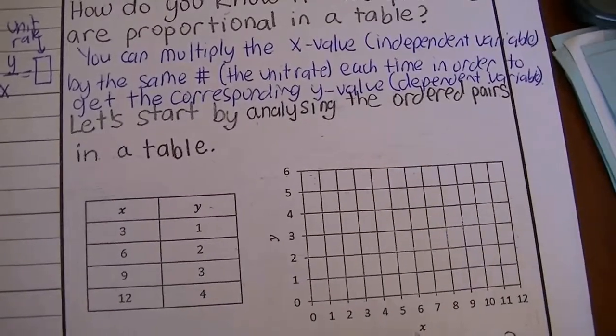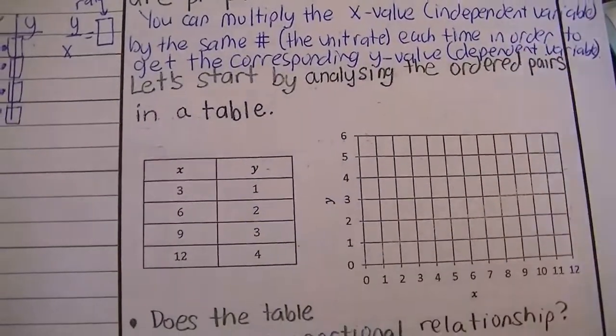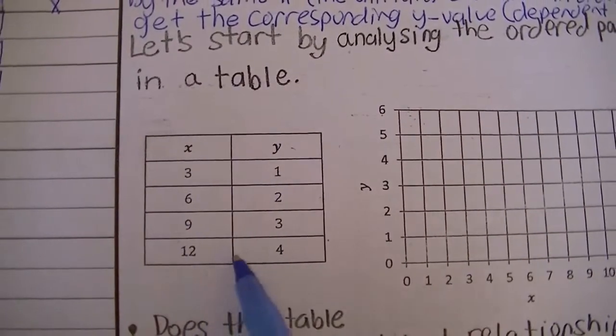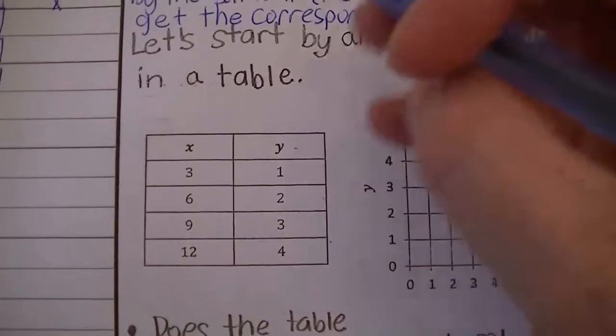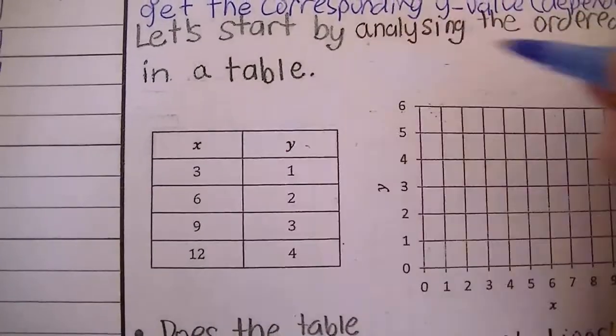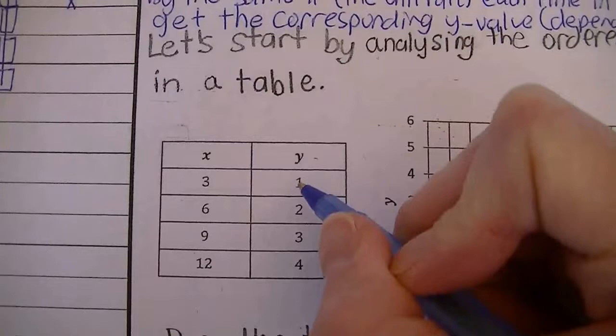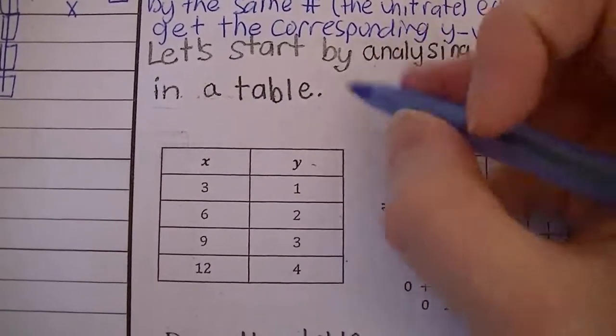Okay, so let's start by analyzing the ordered pairs in this particular table right here. It's already labeled as x and y, so right now we're going to go ahead and find the unit rate. I'm just going to take this y value and divide it by the x value, similar to what we've always done. So y divided by x.